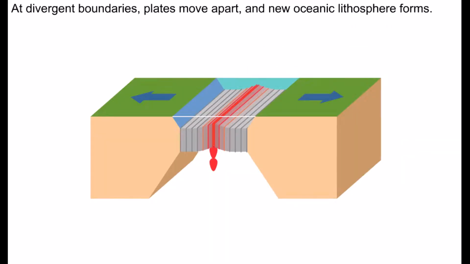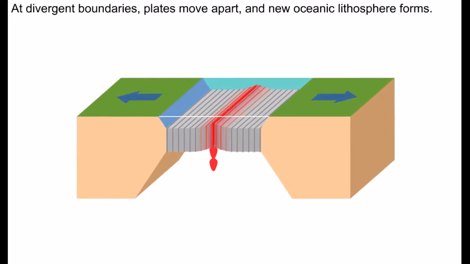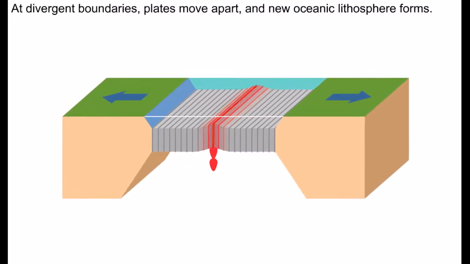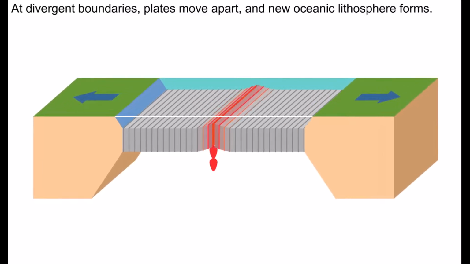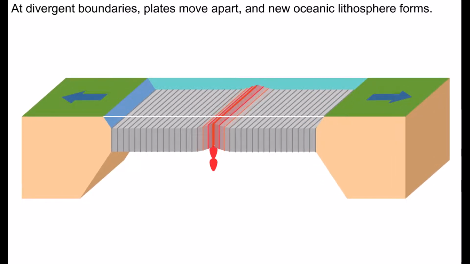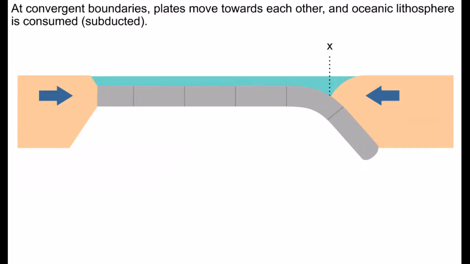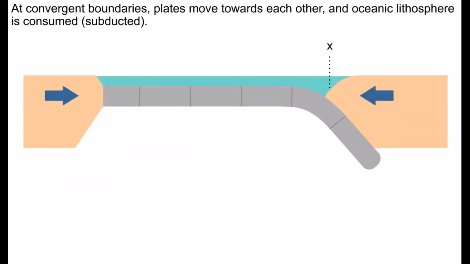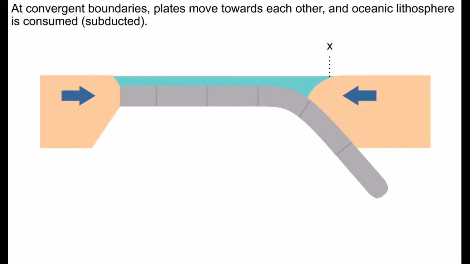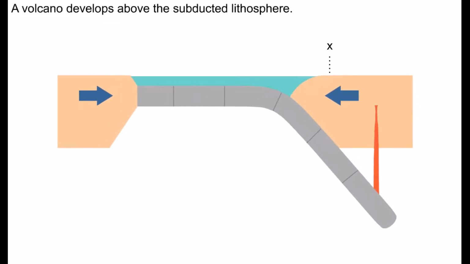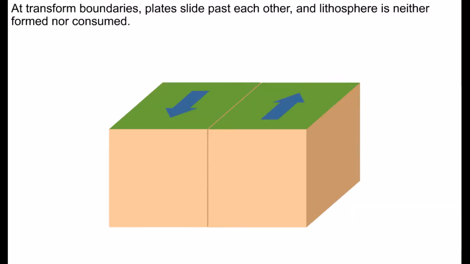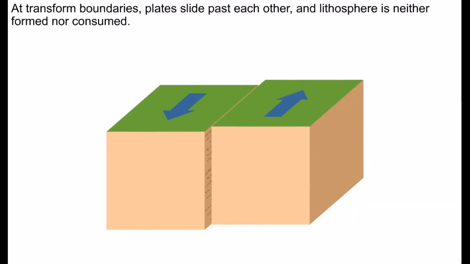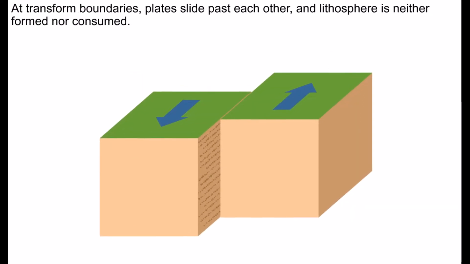At a divergent boundary, two plates move apart relative to one another. In most cases, magma fills the space between the plates. At a convergent boundary, two plates move towards one another. A typical result is that one plate slides or subducts under the other. At a transform boundary, two plates move horizontally past one another.